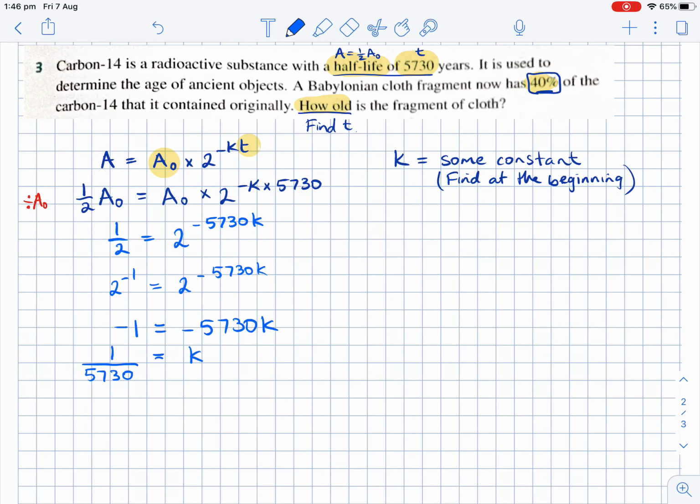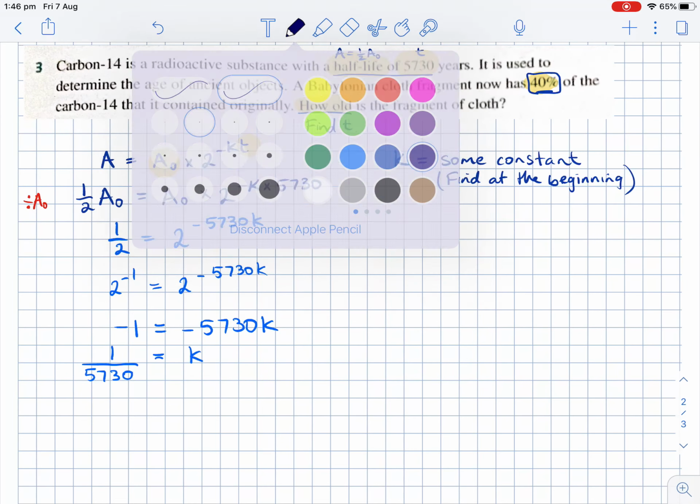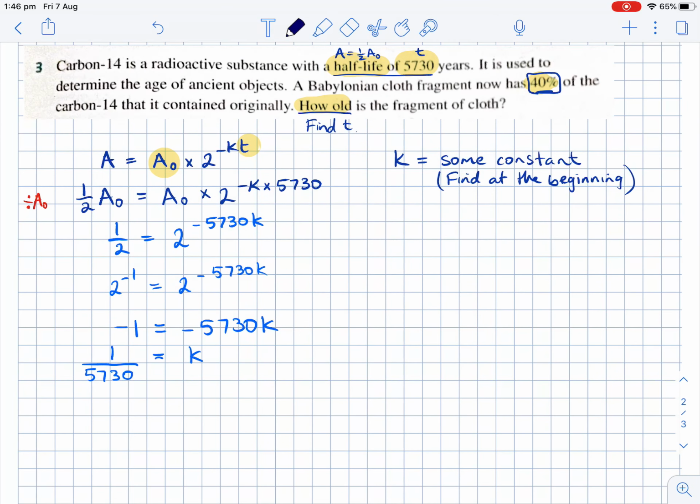So let's use that k value and put it back into my original expression. A is equal to whatever the initial amount is, times 2 to the power of negative 1 over 5,730 times t.